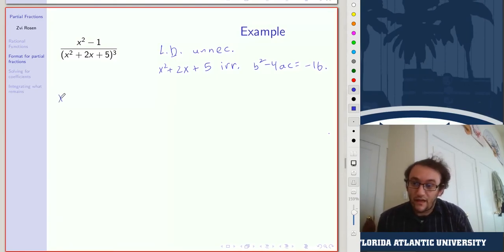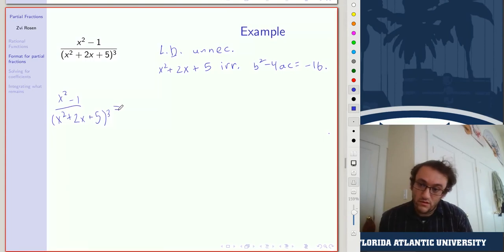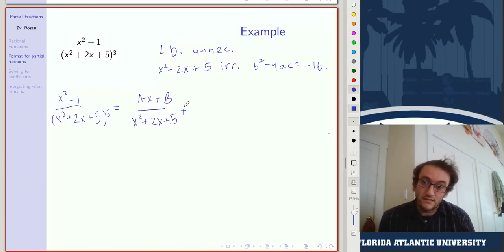So we take x squared minus 1 divided by x squared plus 2x plus 5 cubed. Now I'm going to include a term for every power between 1 and the appearing power, which is 3. So we get Ax plus B, our arbitrary linear term, divided by x squared plus 2x plus 5, plus another linear term, Cx plus D, divided by x squared plus 2x plus 5 squared.